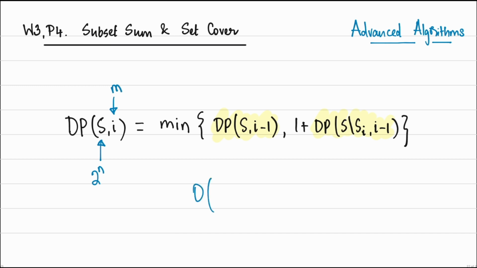So our overall running time is going to be 2 to the n times n. So this is an exponential dp, but it still beats brute force, which would have been potentially as bad as 2 to the m, and m could be potentially as bad as 2 to the n. So we've gone from doubly to singly exponential in the process of writing down this dp.